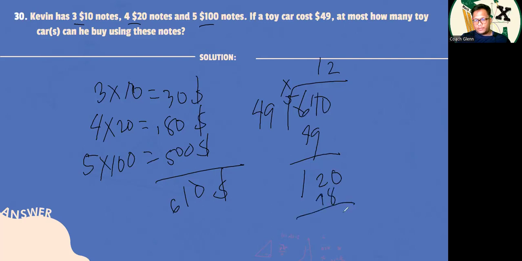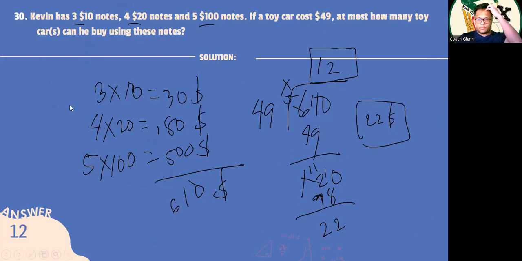So we have a remainder of $22. But as we can know, $22 can't buy one toy car. So that means you can only buy a maximum of 12 cars. So you just add the total money and after that, you divide it by the cost of each toy car.